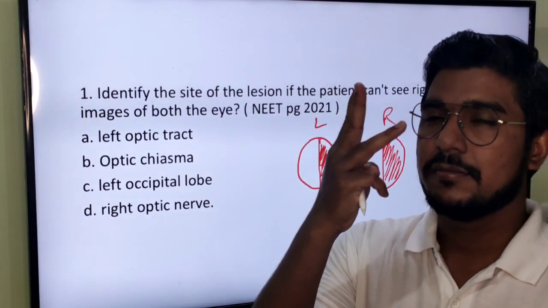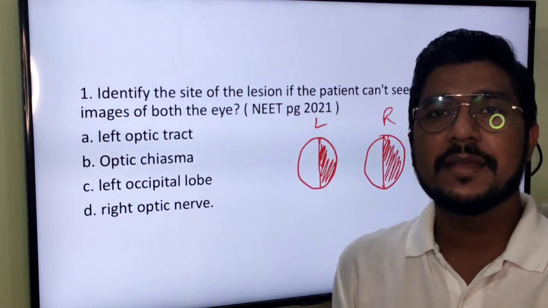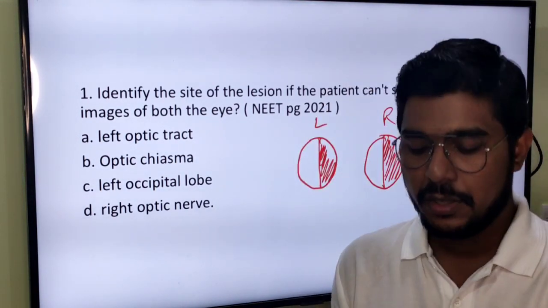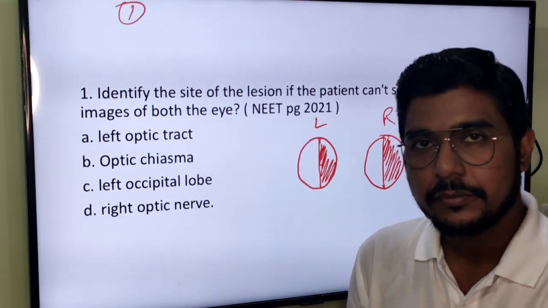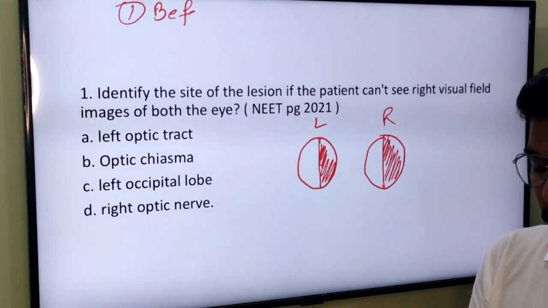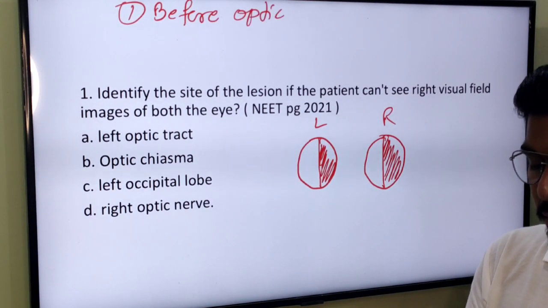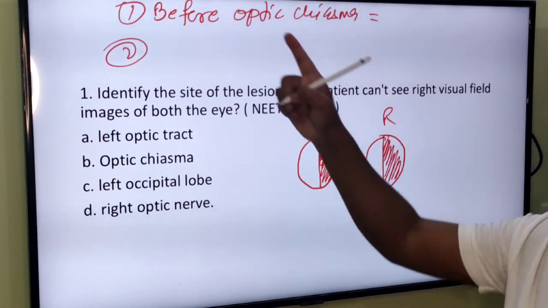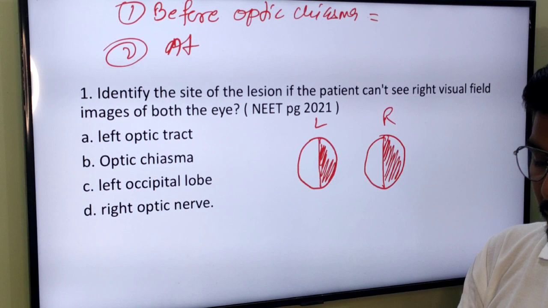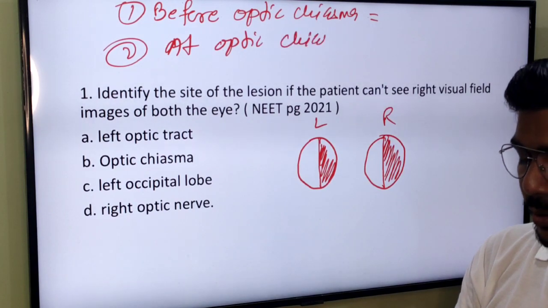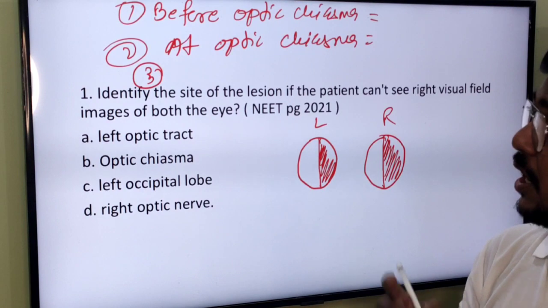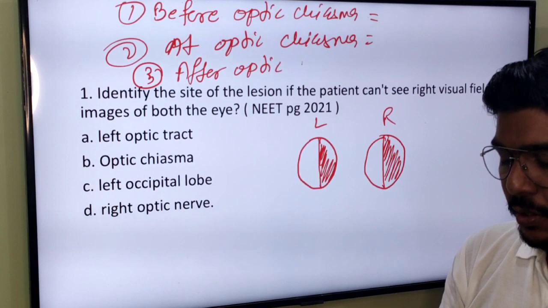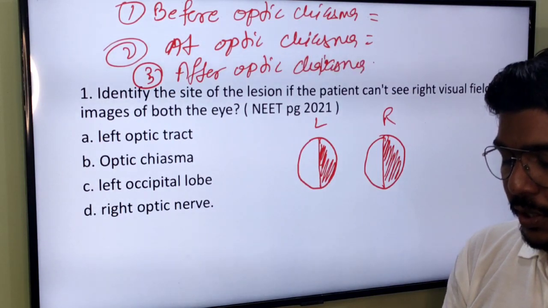I will tell you the many mechanisms, but you will get confused. So here are three golden rules to solve this type of question: one, before the optic chiasma; second, at the optic chiasma; and third, after the optic chiasma.